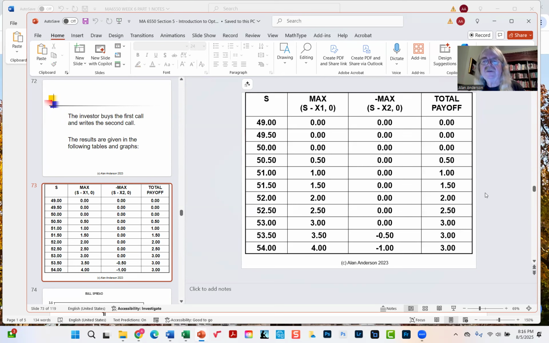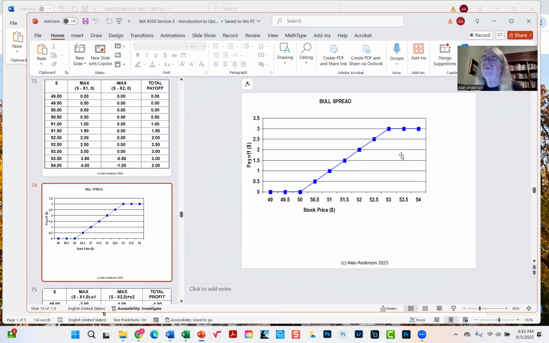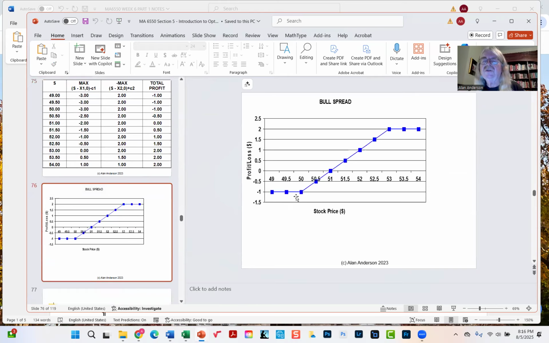We come up with a graph of just the payoff, which looks like this. But then when you take into account the cost of the position, you see that you can lose $1 because that's the cost of the position. If the stock price goes up, of course, we'll start to make money, but unfortunately, our profits are capped at $2. And that's because this is a very inexpensive position. If you just bought this low strike call, it would have cost you $3. By selling the high strike call, you've reduced that from $3 to $1, which is a 2/3 reduction, which is not bad. And that affects the rate of return that you'll get from this position.